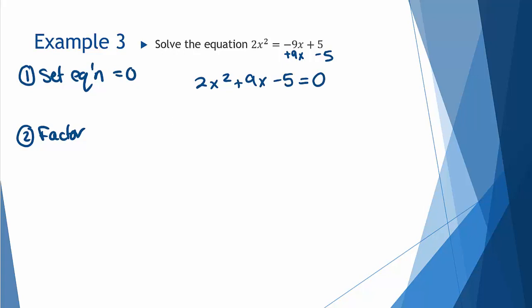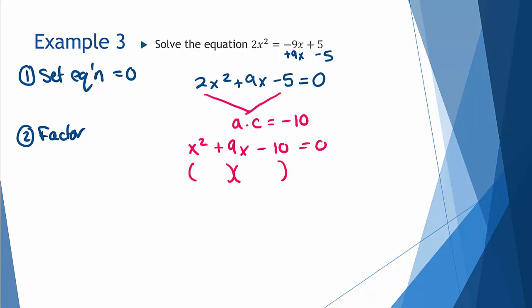Any approach that you want to take to factoring is absolutely fine. I like that a times c method, where we get negative 10, and we're rewriting the equation with the same b value and our new a times c. Then we look for numbers that multiply together to get negative 10 and add together to get 9.